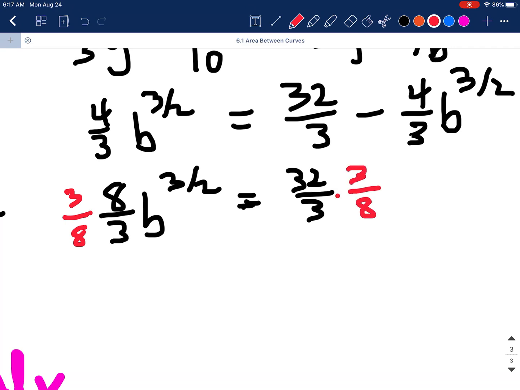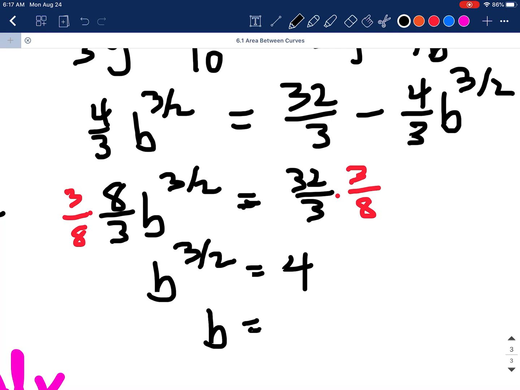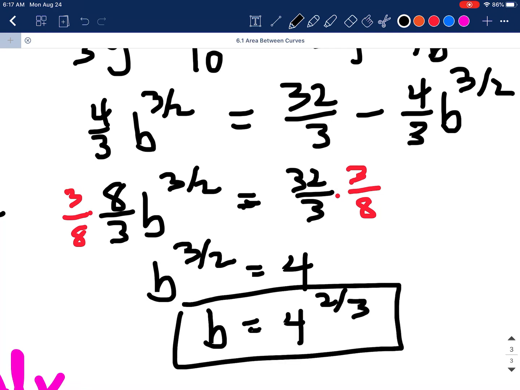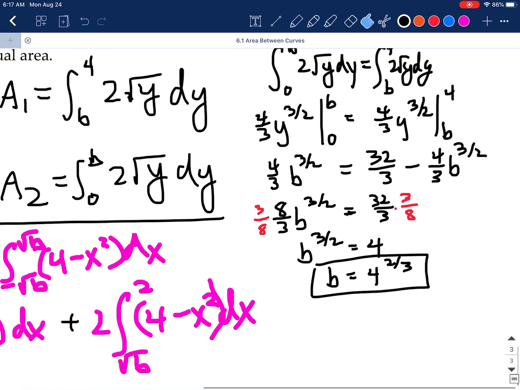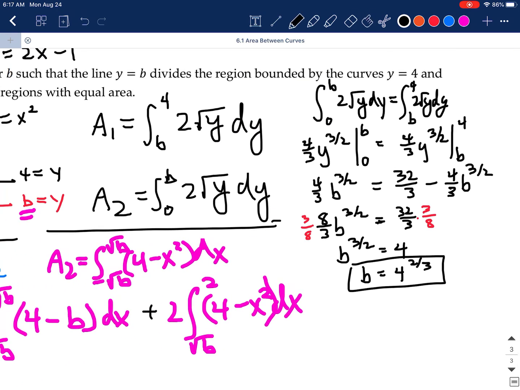So it looks like b to the 3/2 is going to equal 4. So b is going to equal 4 to the 2/3, or the cube root of 4 squared, so the cube root of 16. And that would be our solution using that function of y example.